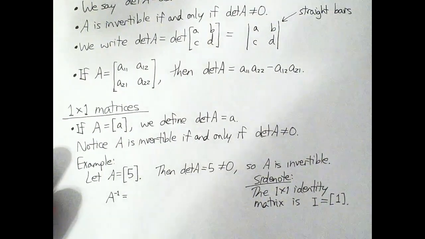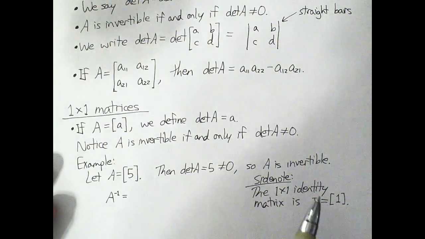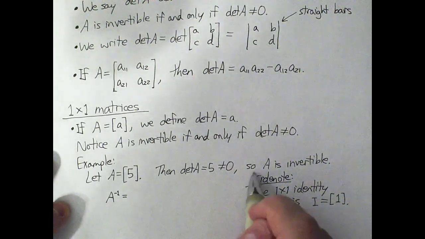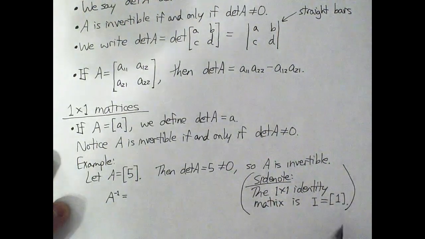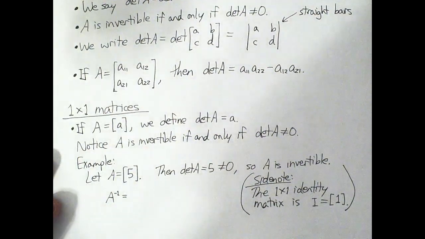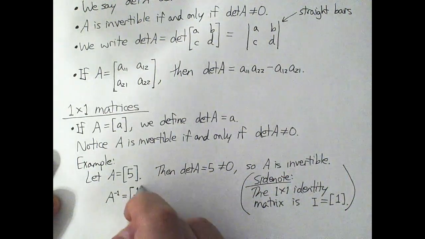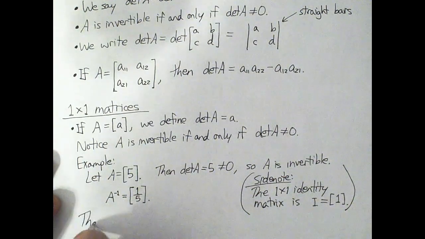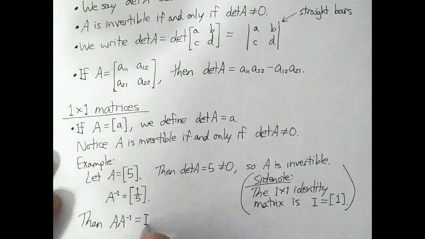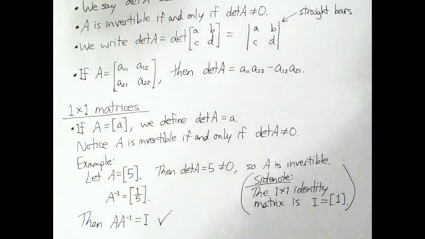Remember, an identity matrix is supposed to be a square matrix that has ones along the main diagonal and zeros everywhere else. Well, this has a 1 along the main diagonal. So anyway, this has to be 1/5. Then A times A inverse equals I. I'll just put a little check mark next to it. That does work.